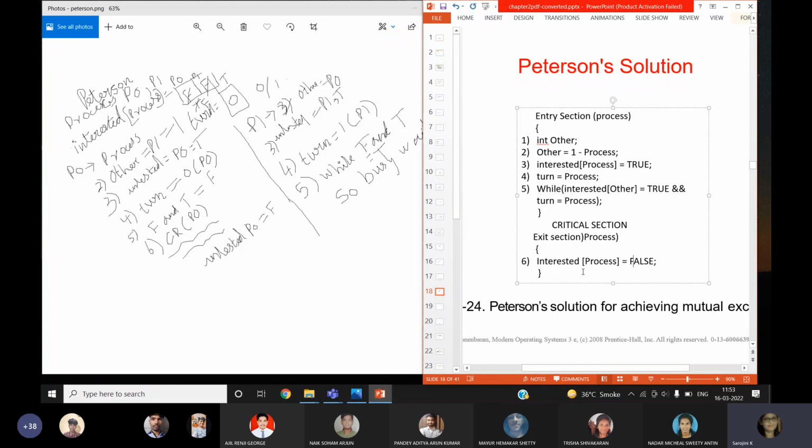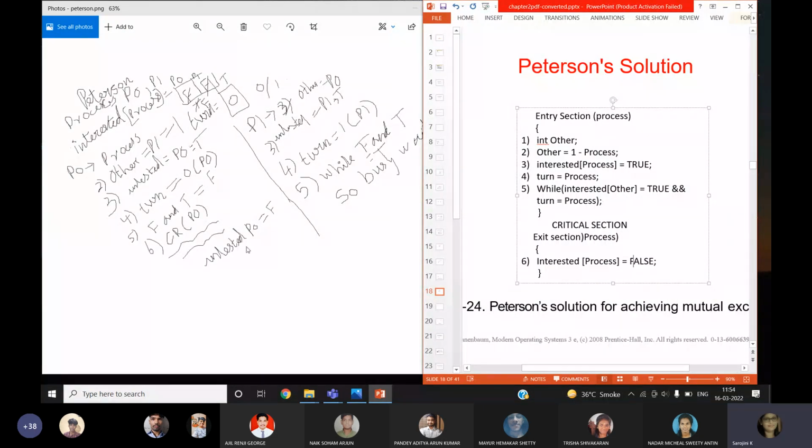Interested of process is nothing but currently P0. So interested of P0 equal to false. Because before P0 entered, it made P0 true and then went inside. So when it was inside, P0 was true. Now after it came out, it is making P0 equal to false.